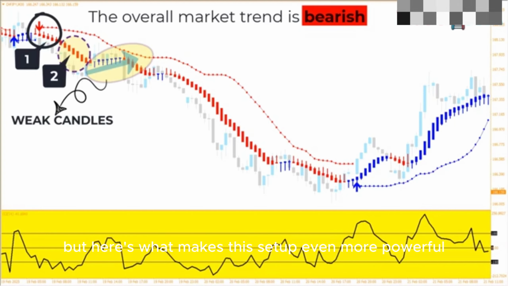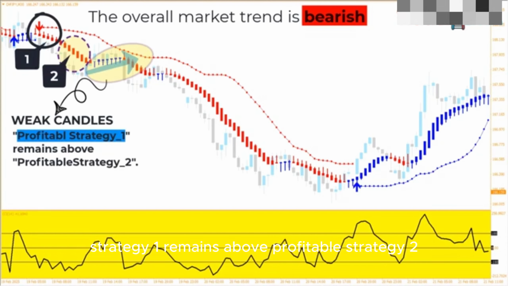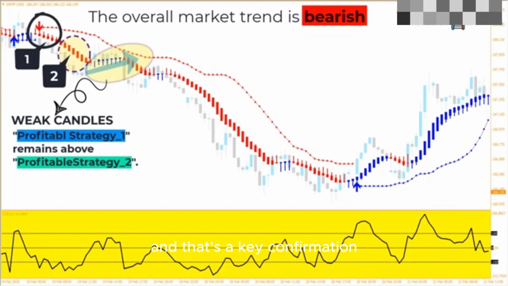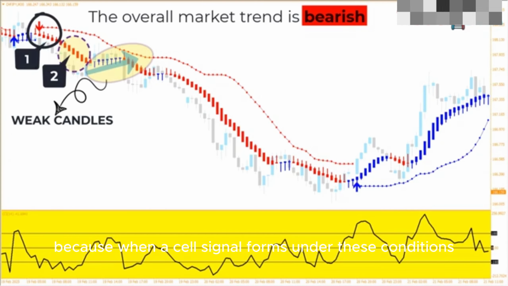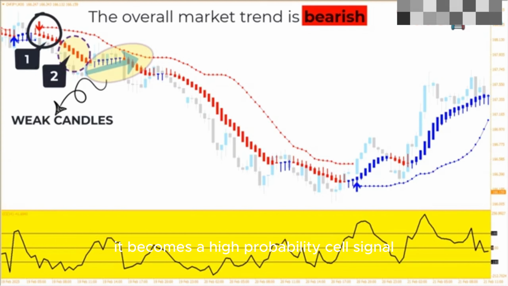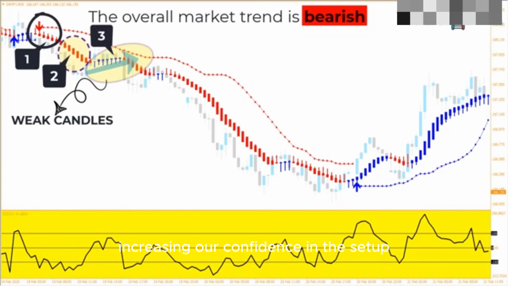But here's what makes the setup even more powerful: profitable strategy 1 remains above profitable strategy 2, and that's a key confirmation. Why is this important? Because when a sell signal forms under these conditions, it becomes a high probability sell signal. This aligns with trading rule no. 3, increasing our confidence in the setup.